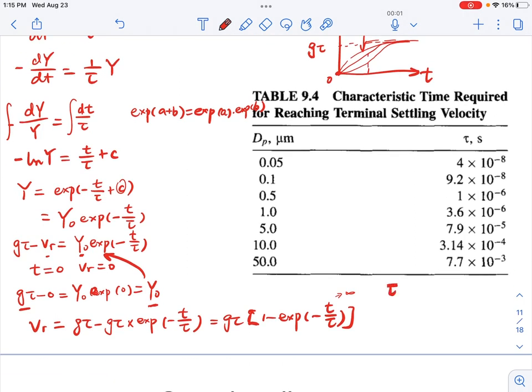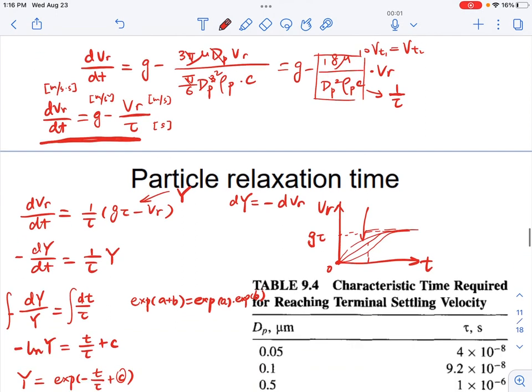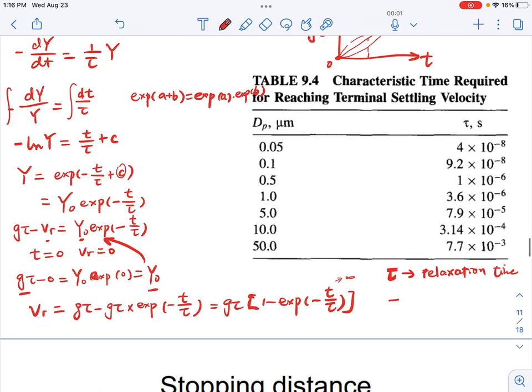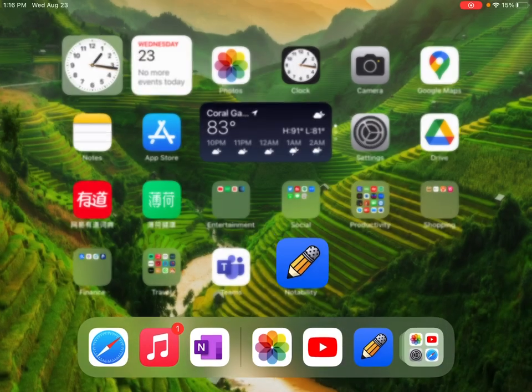The characteristic time is just tau, so people also refer to this time as the relaxation time. Again, if you look at this term here, it's dp squared rho p C divided by 18 mu.